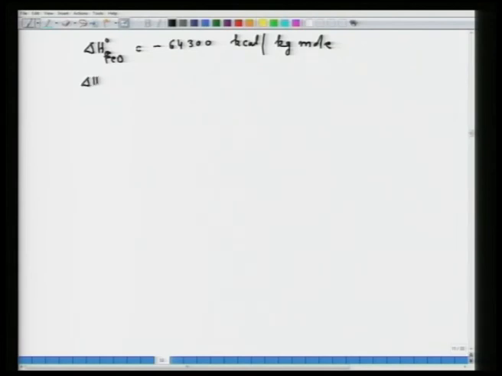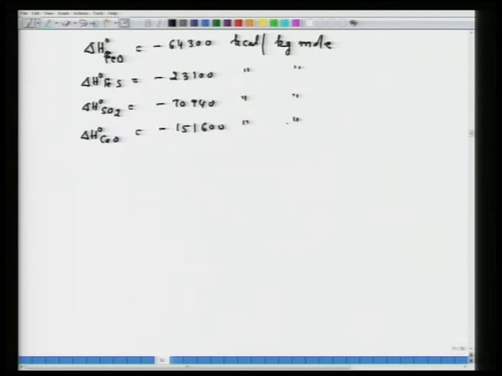Then delta H naught FeS is minus 23,100 kilocalorie per kg mole, delta H naught SO2 is minus 70,940 kilocalorie per kg mole, then delta H naught calcium oxide is equal to minus 151,600 kilocalorie per kg mole, then delta H naught CO2 is equal to minus 94,450 kilocalorie per kg mole, and delta H naught calcium carbonate, when it is formed from its elements, is minus 289,500 kilocalorie per kg mole.